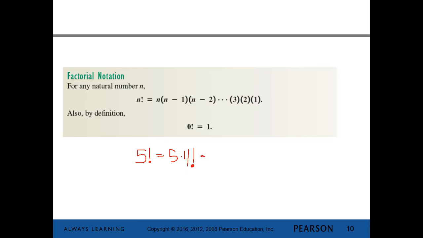Or we can write it as 5 times 4 times 3 factorial. So since it's just a product, we can always break it up into smaller and smaller pieces. Okay, so this is going to be something useful that we're going to want to use.